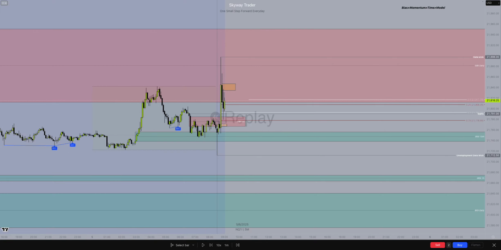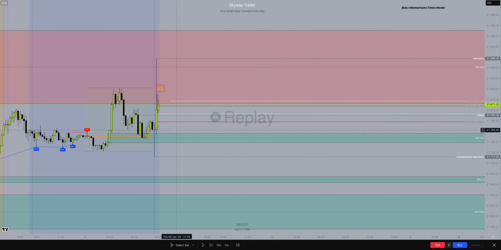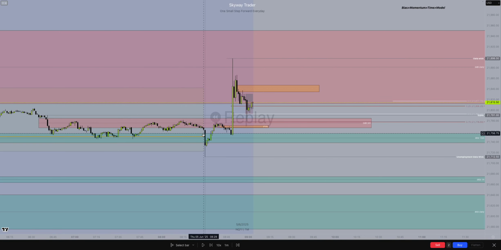On the 15 minute, it closes above, confirming bullish price action. So we saw that confirmation, but was I involved in any trades?